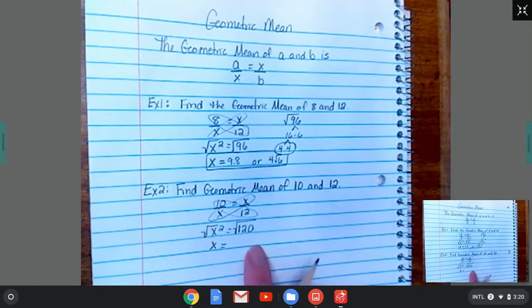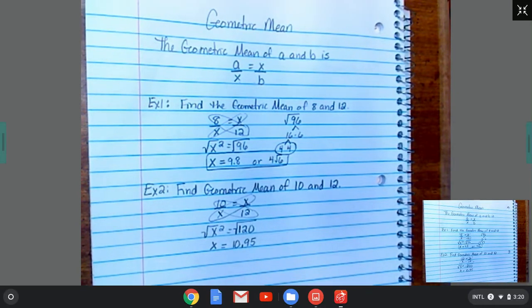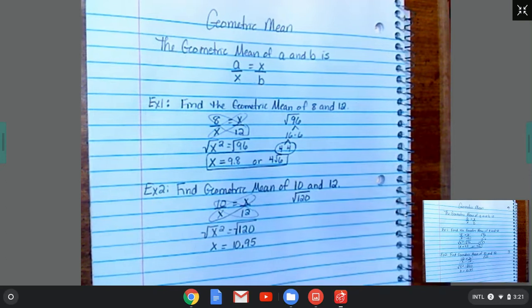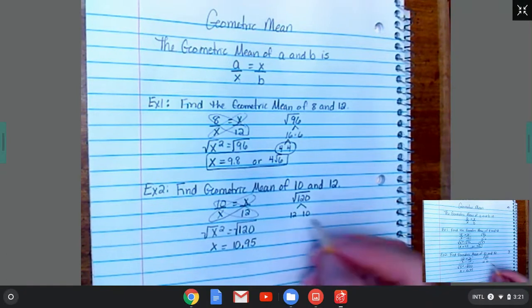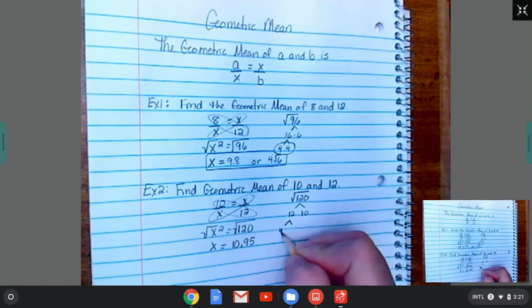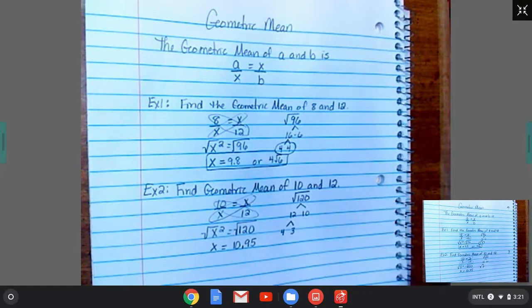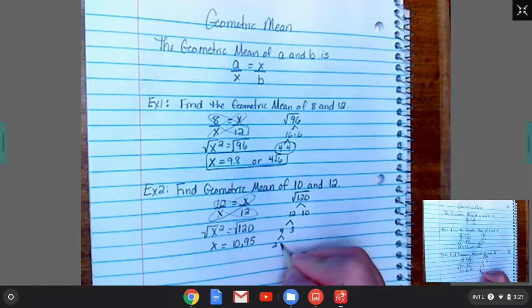Well, the square root of 120 comes out to be 10.95 as a decimal. So, since it's a decimal, we got to try to break it down. Well, 12 times 10. And then 12 goes in 4 and 3. 10 goes 2 and 5, but that won't break down to twins. So let's just go so I can get some twins.